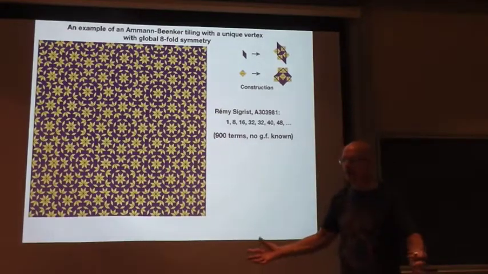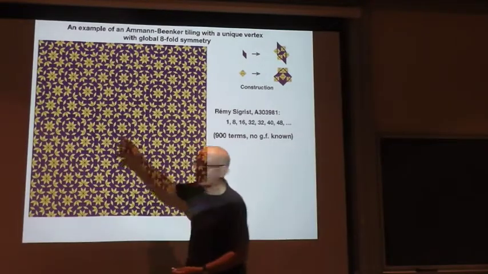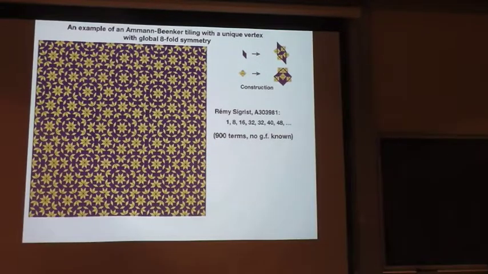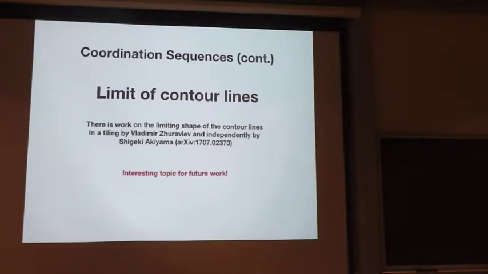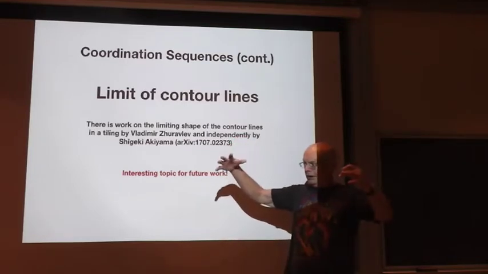But we don't have a generating function. There may not be one. I suspect there probably isn't one. But another thing is, you can look at the shape of the regions. Look at the contour lines joining points of the same distance. For the square tiling you get these squares that get bigger and bigger.